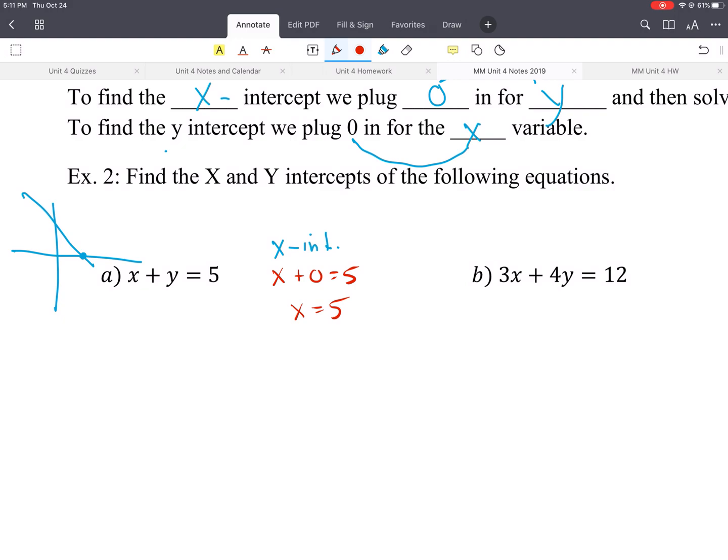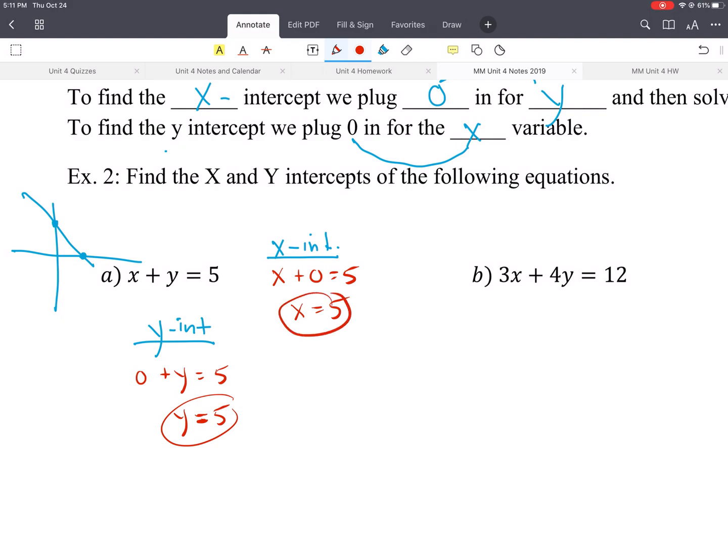To find the y-intercept, x is always 0, so we'll plug 0 in for x, and we just get y equals 5.